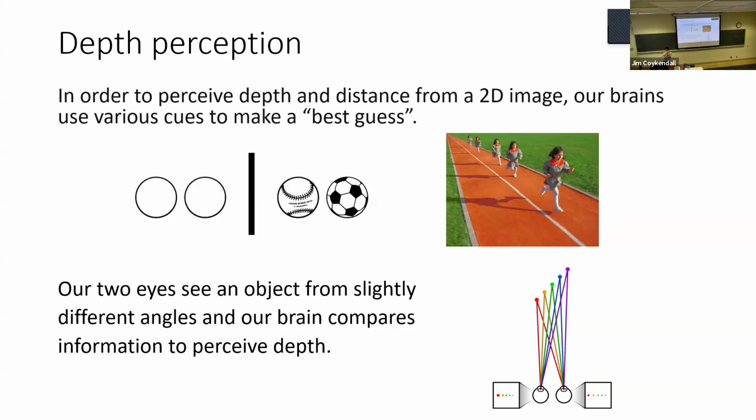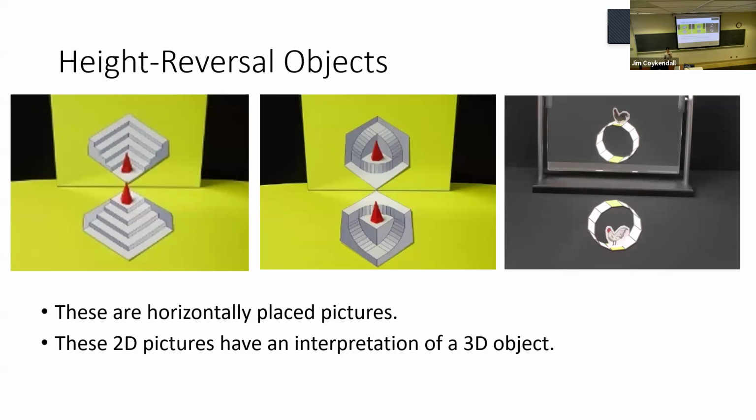Okay, so all these are some background, and let me go back to different types of objects and explain how we can get that. We start from the easiest one. The easiest one is height reversal objects.